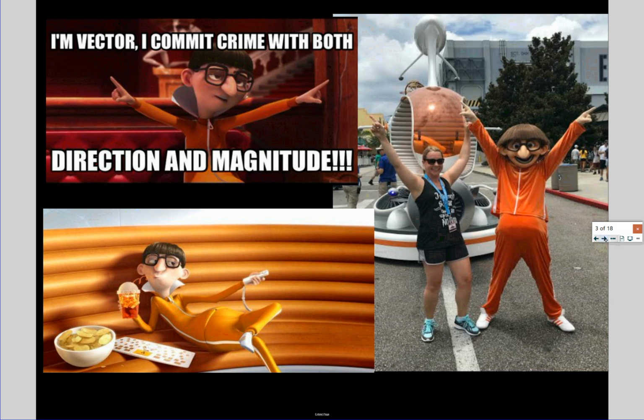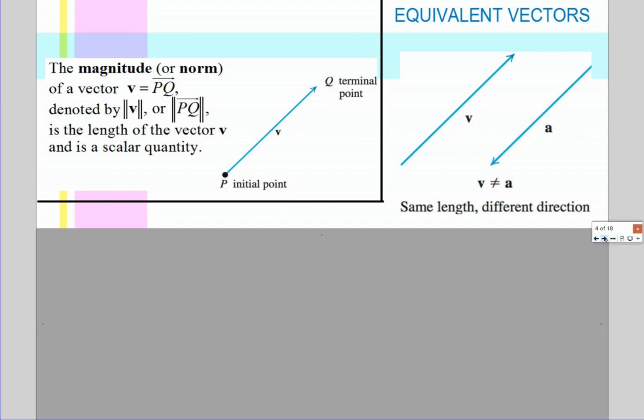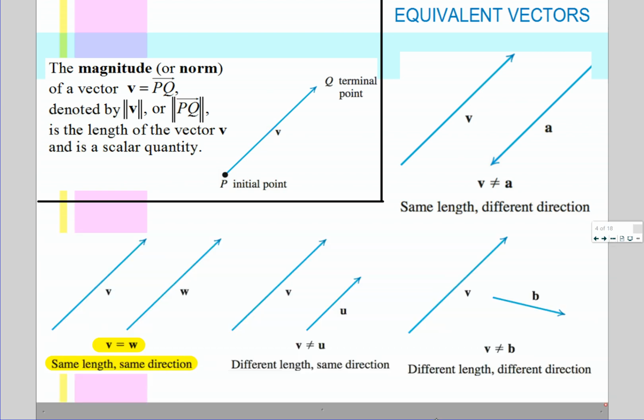We are going to foil his plot next Thursday. I don't know if he'll be here. I guess you'll find out. Someone dresses up as him, that would be pretty great, with the orange jumpsuit.